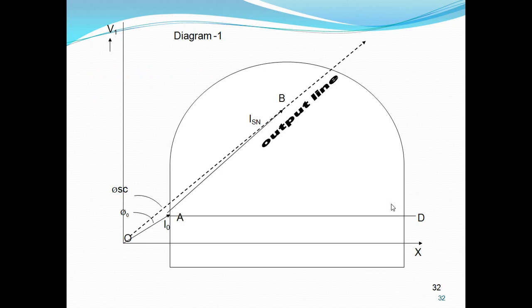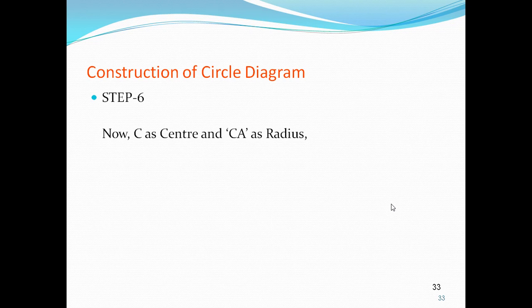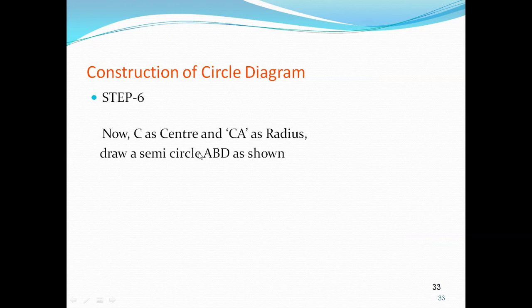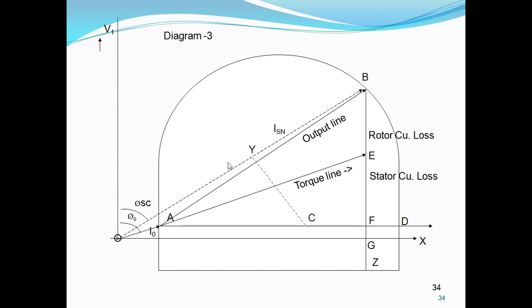A B D. So the next step is to take C as center and CA as radius. Draw a semicircle A B D as shown below.